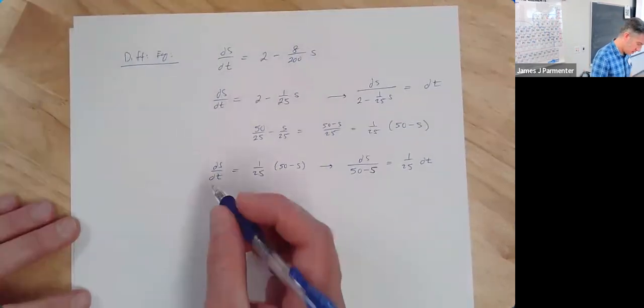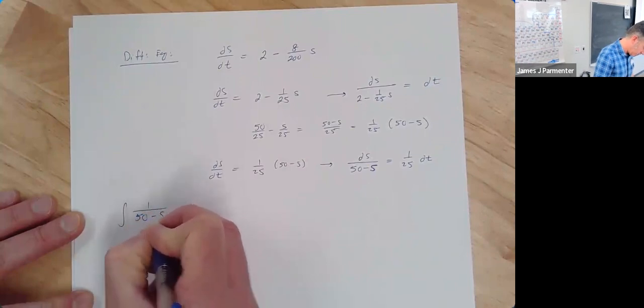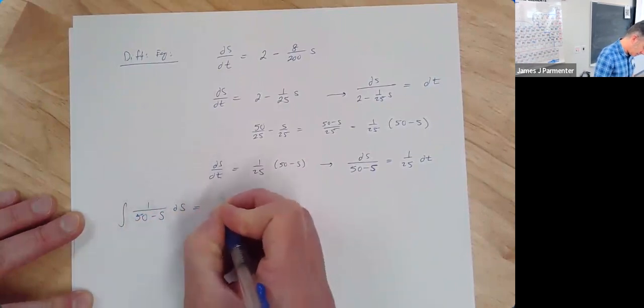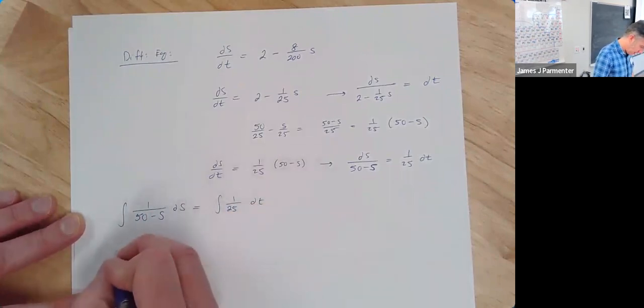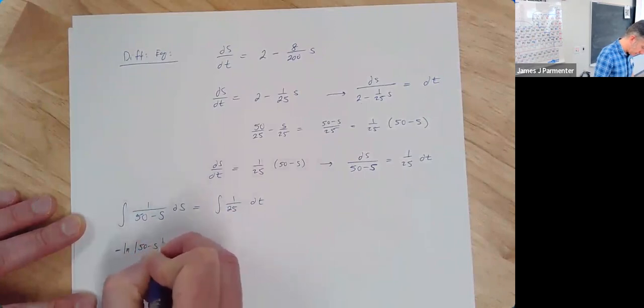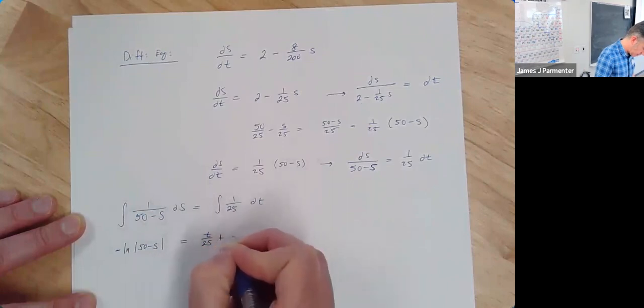Okay, let's do it. So integrating both sides, the integral of 1 over 50 minus s ds equals the integral of 1 over 25 dt. If we do this, we get the negative natural log of the absolute value of 50 minus s equal to t over 25 plus c.